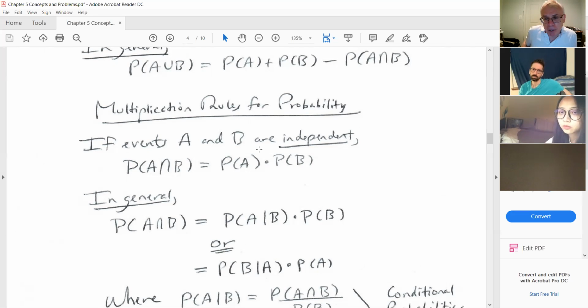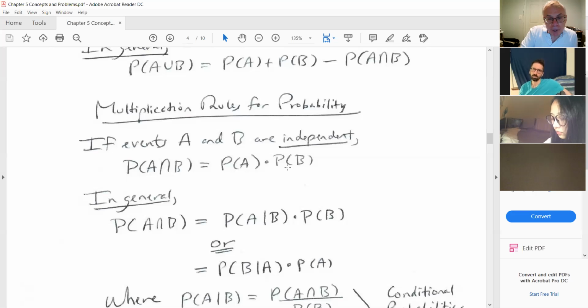Probably not, right? Like, who cares if the car rides by? It's not going to change my probability of it raining. So in that case, the two events are considered independent of one another. Their respective probabilities do not change based on the fact that the other one is there. Therefore, the probability of A and B occurring together is simply the product of their individual probabilities.